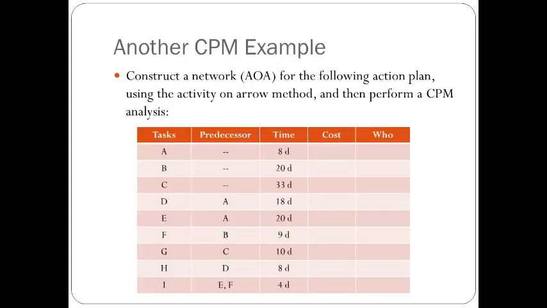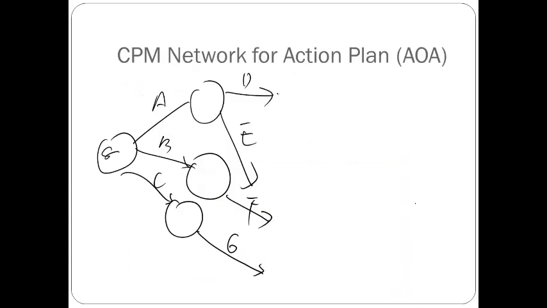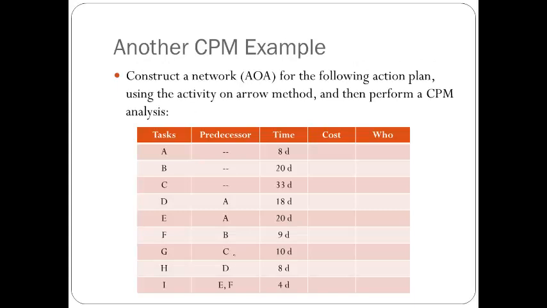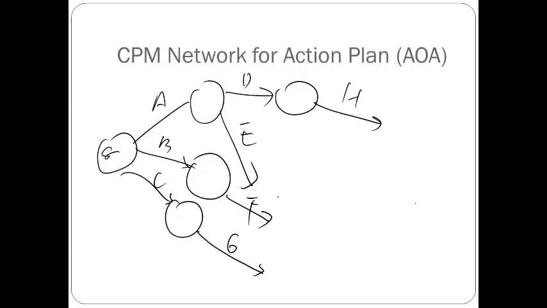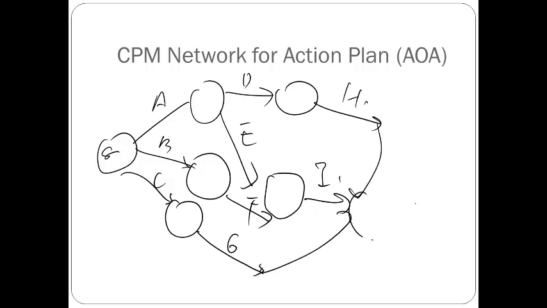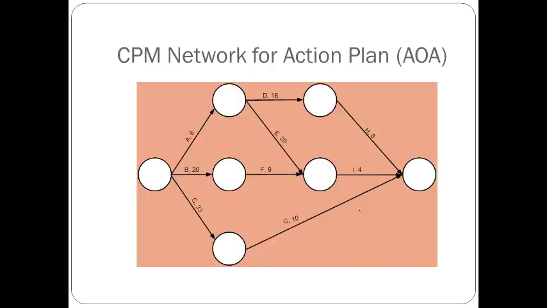Then D is the predecessor of H. There's an H there. E and F are the predecessors of I, so we'll connect them together. There's this I here. So H, I, G are the last ones, so we'll just connect them all together to the ending node. So that's it.